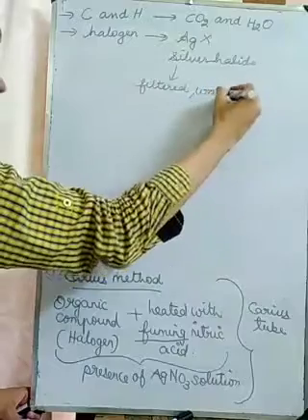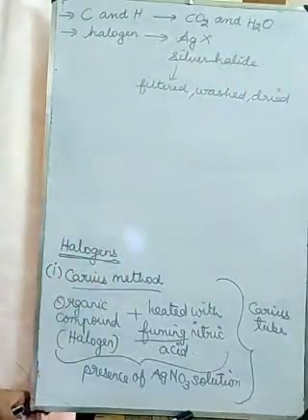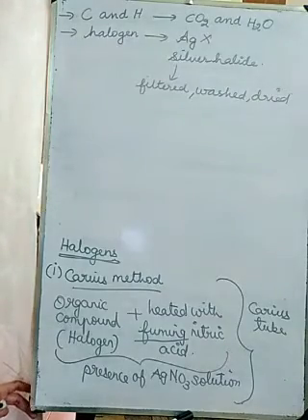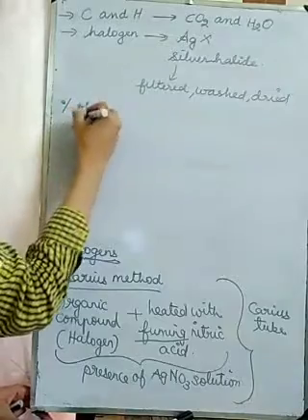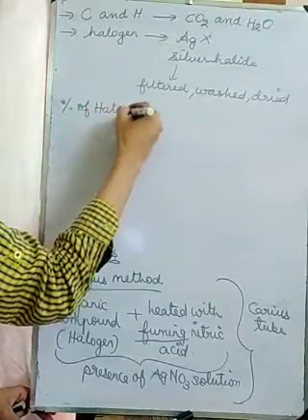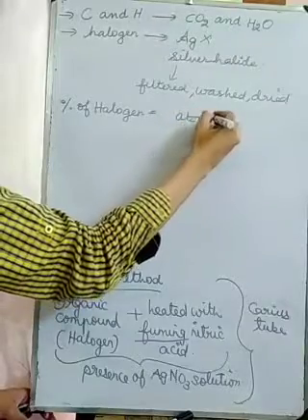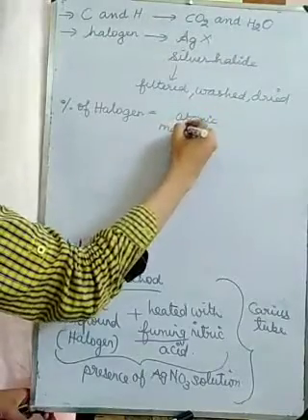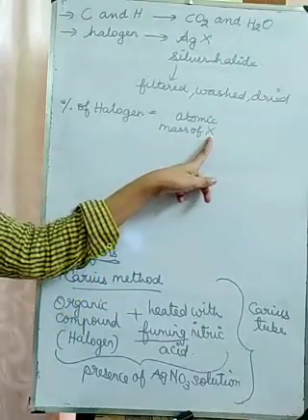washed, dried. Okay, and from this the mass of the halogen is found out. So percentage of halogen, how will we find out? Percentage of halogen is equal to atomic mass of halogen. How will you find out which halogen is present?